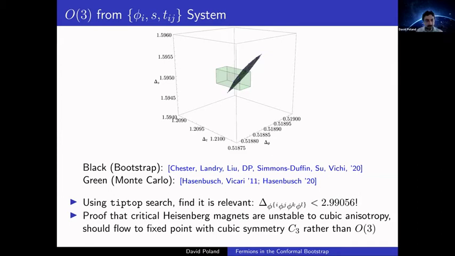So this is basically a proof using the bootstrap that critical Heisenberg magnets are unstable to cubic anisotropy. That's an interesting physics result that we were able to extract from this analysis. In the future, it would be interesting to really nail down the dimension of this operator and also put a lower bound on it, but we haven't done that yet.